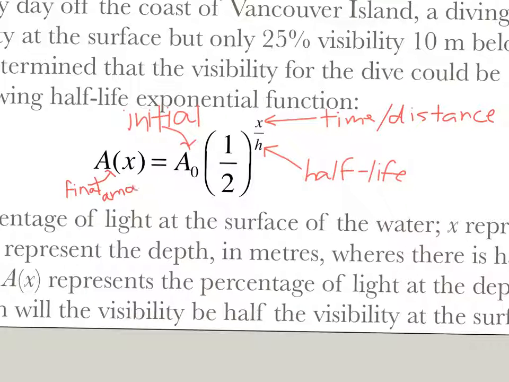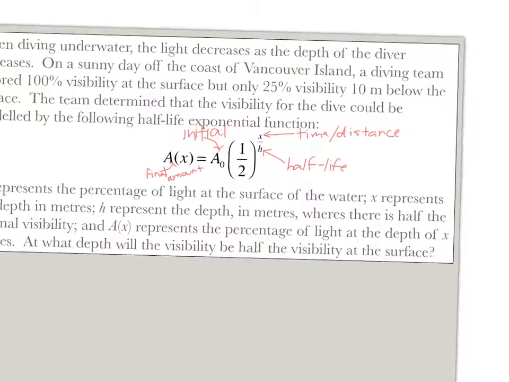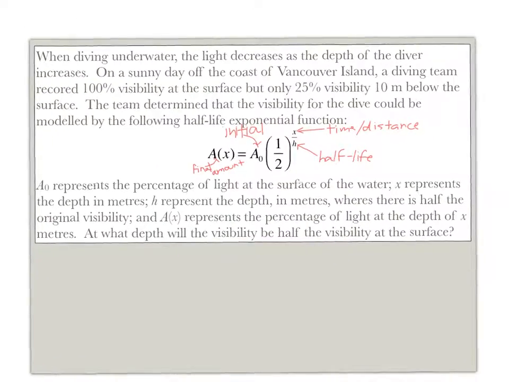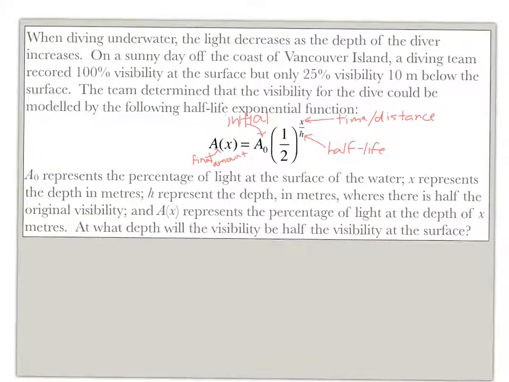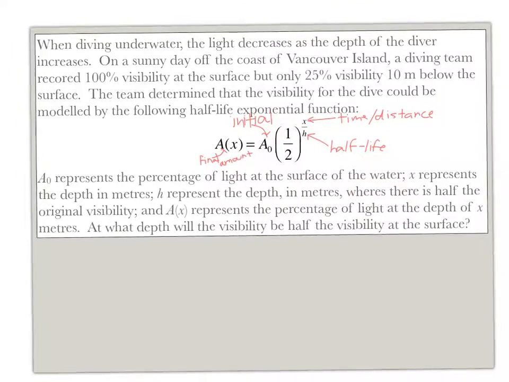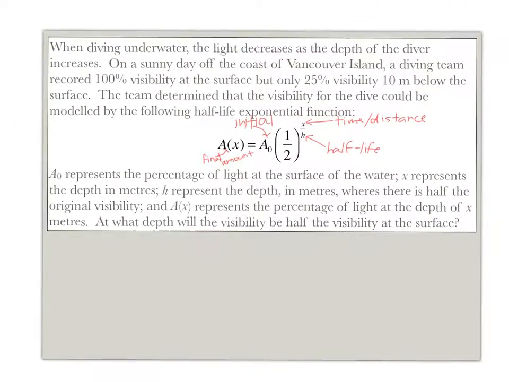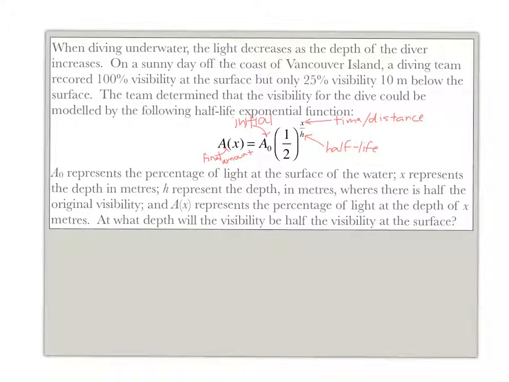This question's a little atypical because you kind of need to come up with the formula yourself. Generally speaking, the ones I've seen at the 30-2 level on the exam have given you the values, so you haven't had to come up with them yourself. But we can come up with them together. Here, the question is, at what depth will the visibility be half the visibility at the surface?